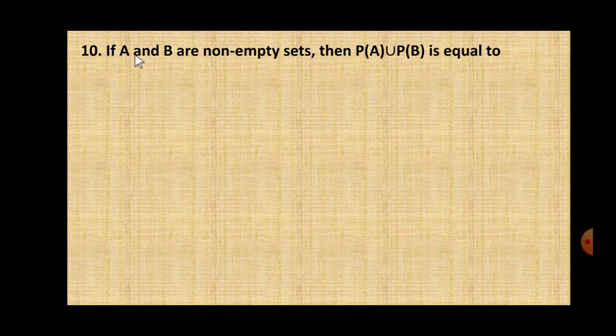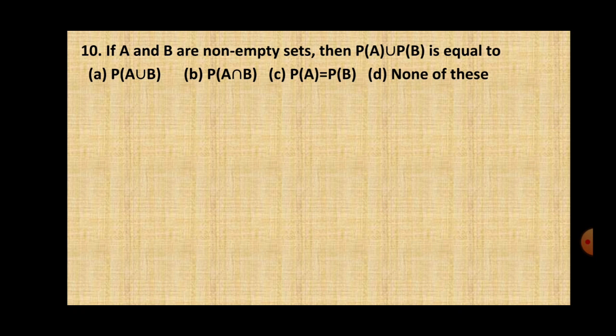Next, example number 10. If A and B are non-empty sets, then P of A union P of B is equal to: option A, P of A union B; option B, P of A intersection B; option C, P of A equal to P of B; and option D, none of these.